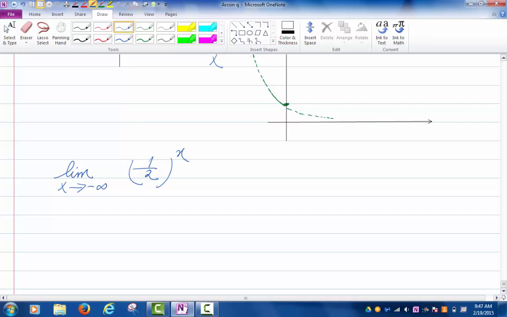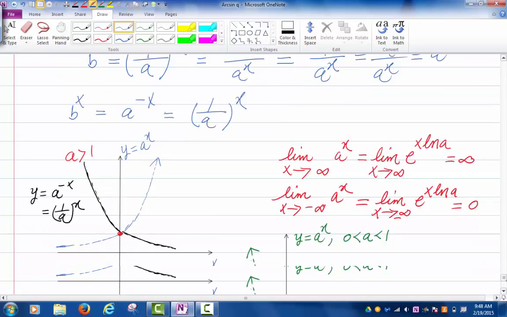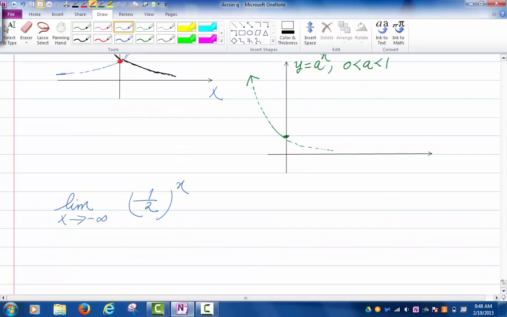Well, if you remember the graph of half to the x, you know that it is going to infinity at negative infinity. The graph of half to the x will look like this green curve, because this is the case when a is between 0 and 1.